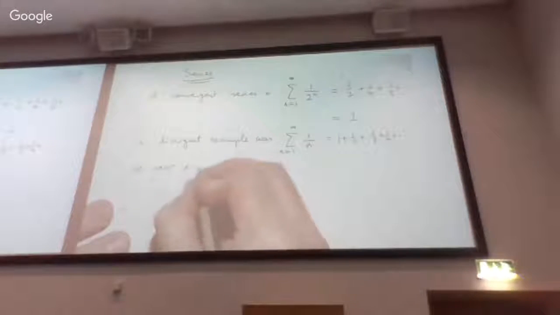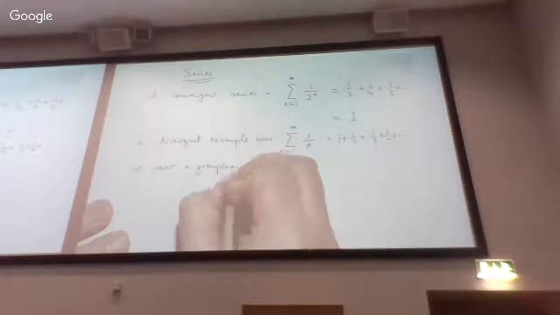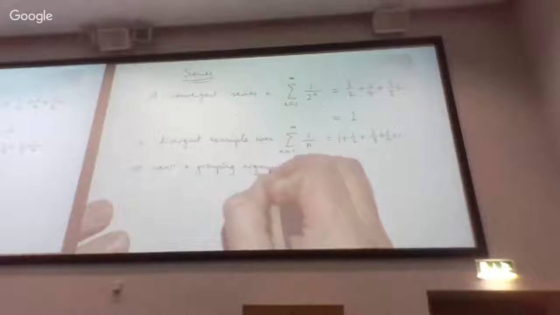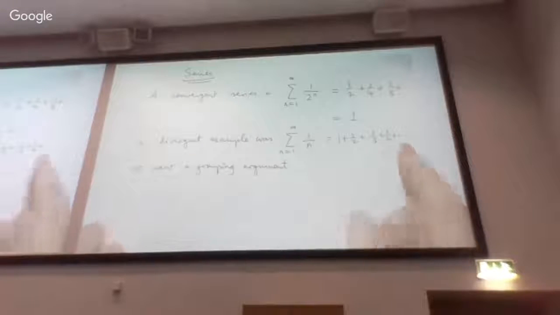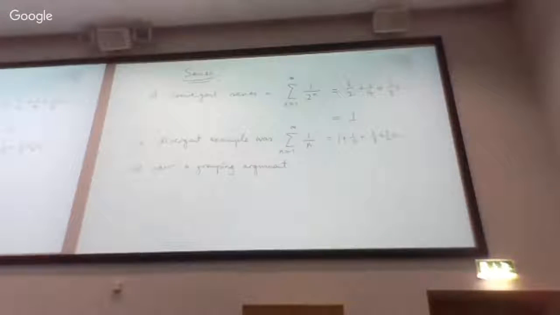Okay, and yesterday we saw a grouping argument. So we were able to group these terms together in such a way that we always could achieve something bigger than a half. You take a third and a quarter, you add those two together, that gives you something slightly larger than a half. Take the next 4 terms after that, the 5th, the 6th, the 7th, and 8th. They add together to give something slightly larger than a half.